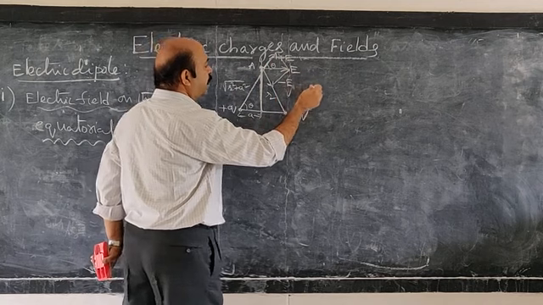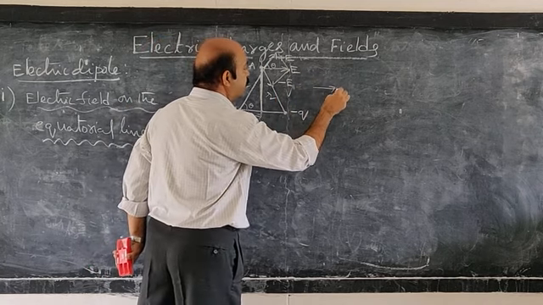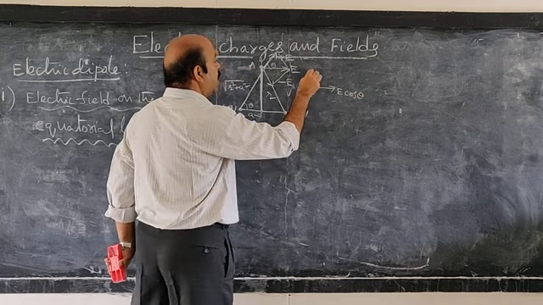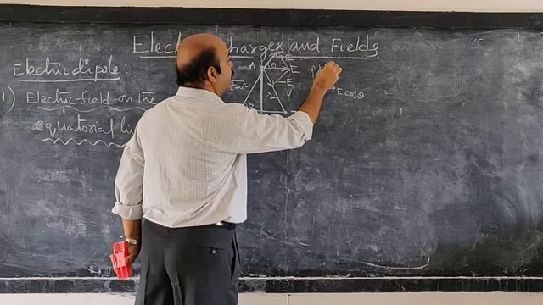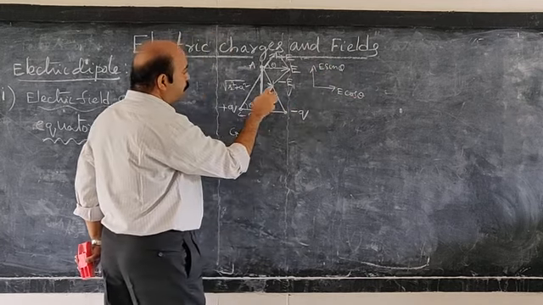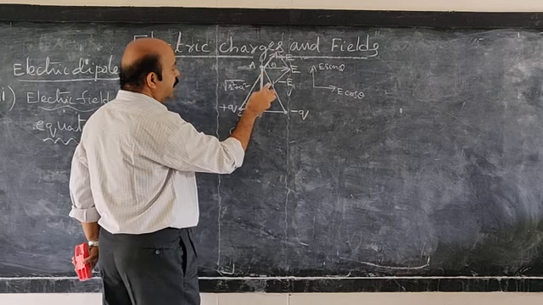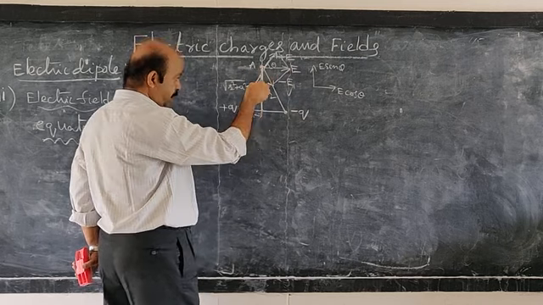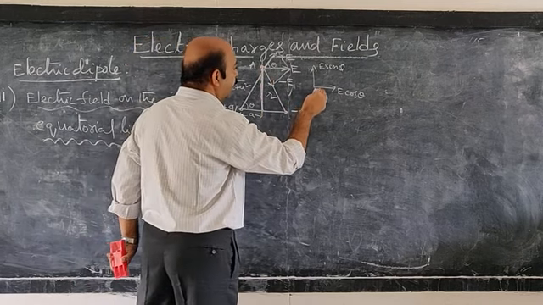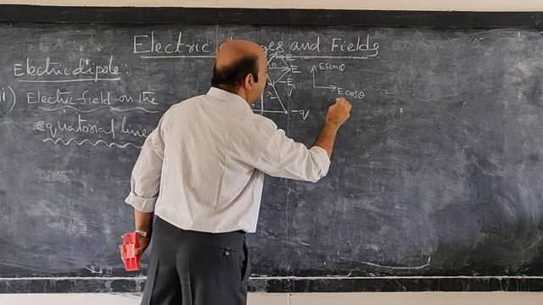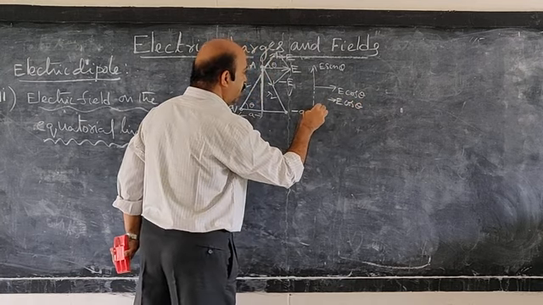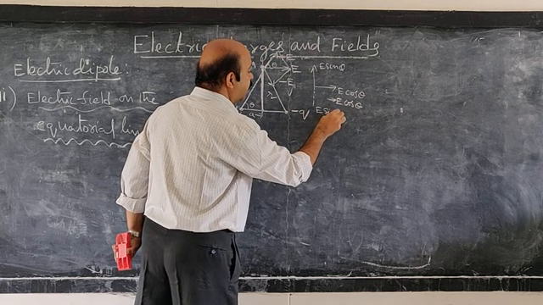You observe here, this electric field can be resolved into two components: one is E cos theta in this direction and another is E sin theta. Similarly, this electric field can also be resolved into components, one along this and the other along this. So that is E cos theta along this, and here you will have E sin theta.